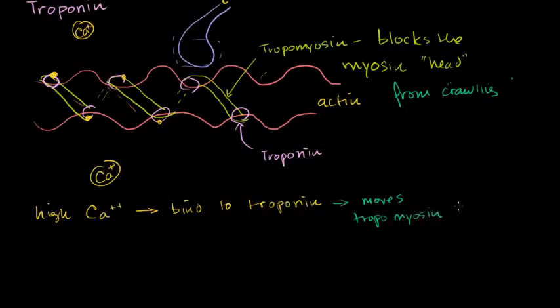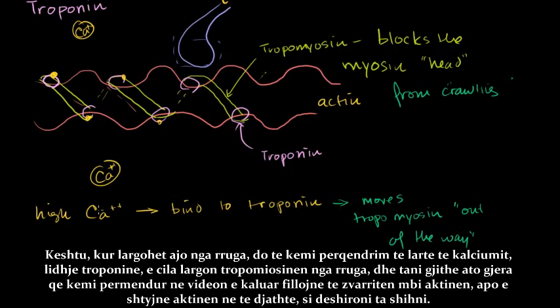So when you have a high calcium concentration, it bonds to troponin, moves tropomyosin out of the way. Then all of a sudden, what we talked about in the last video, these guys can start walking up the actin, or pushing the actin to the right, however you want to view it.